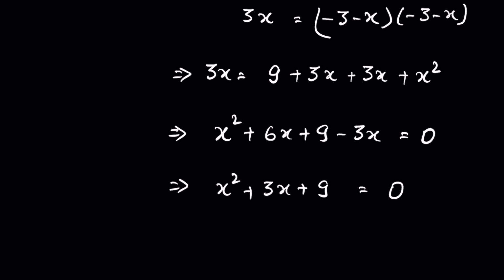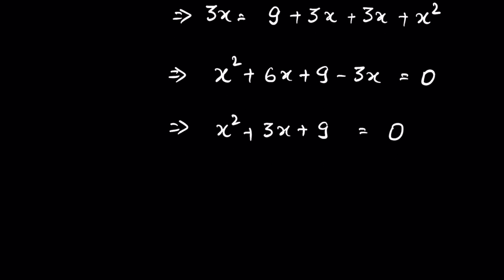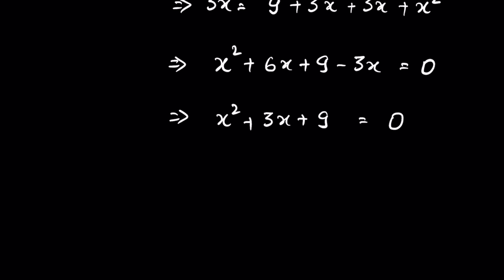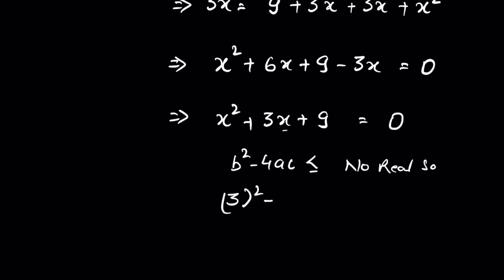Now here we have a quadratic equation and we can find the roots of x here using the quadratic formula. We can also first find whether there is a real solution or not. If b square minus 4ac is less than 0, then there is no real solution. B here is coefficient of x, that is 3, square minus 4.